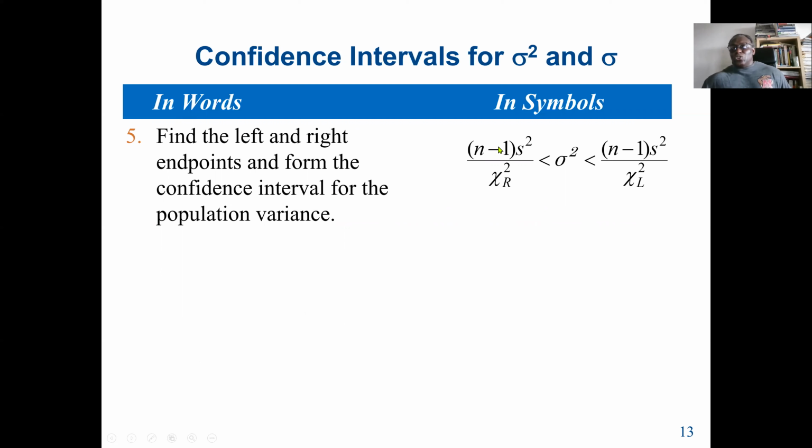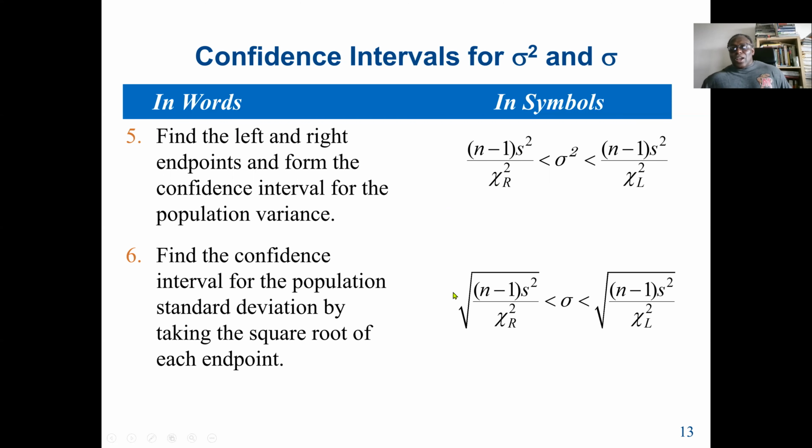So this will be our confidence interval. This is again population variance. It should be greater than n minus 1 times the sample variance divided by the chi-square R value, and it should be less than n minus 1 times the sample variance divided by the chi-square L value. L means the left, chi-square left.